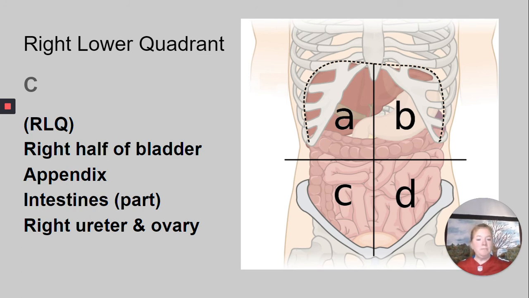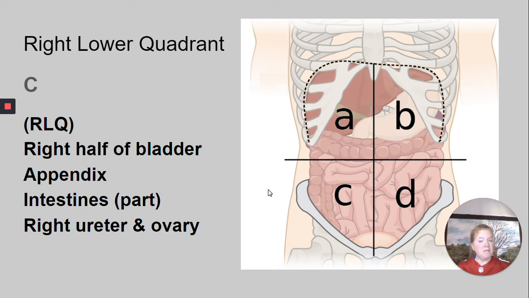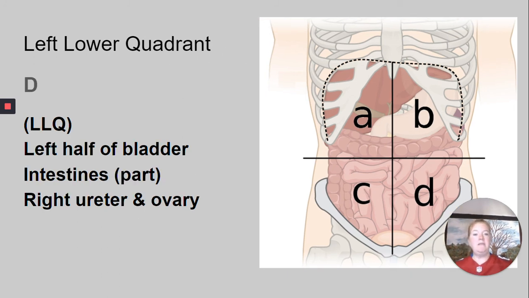Right lower is going to be the right half of the bladder down here. The appendix, kind of hanging off the large intestine over there, part of the intestines, and the right ureter coming from the kidney and the right ovary as well. And the left lower quadrant is going to have the opposite of the right lower quadrant.